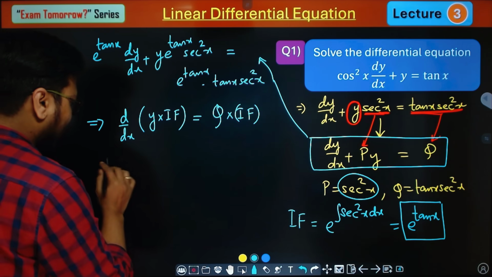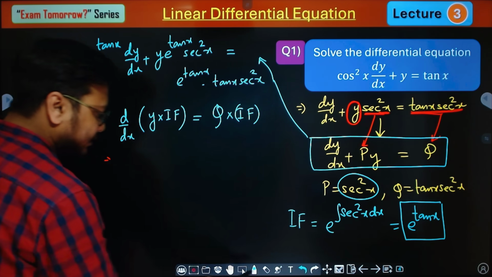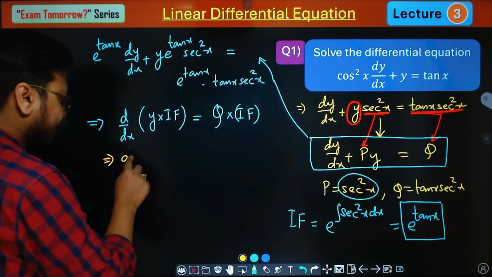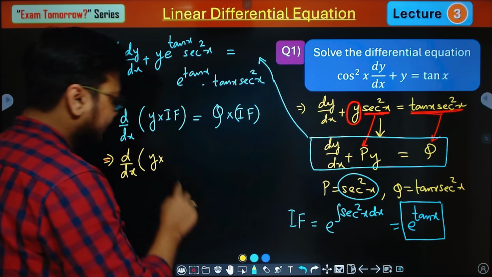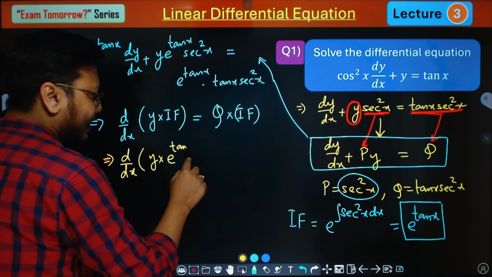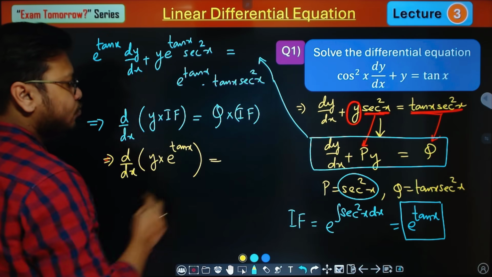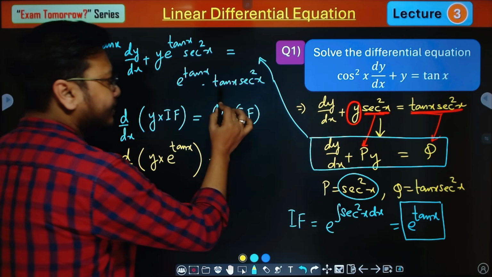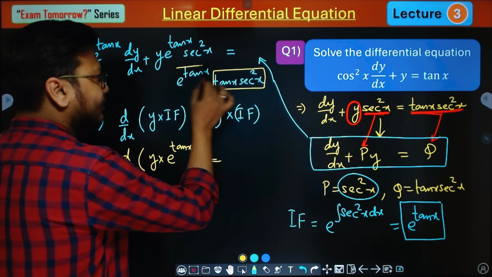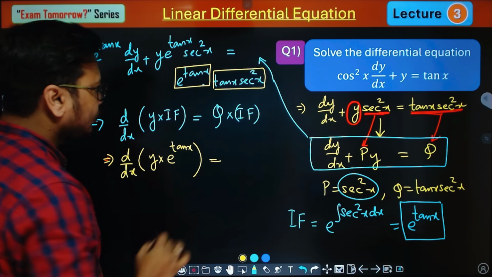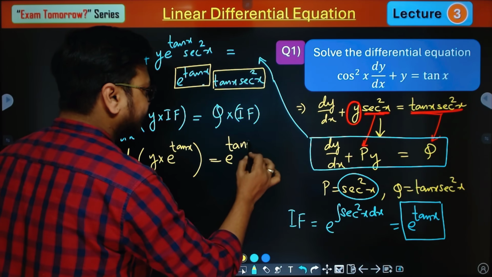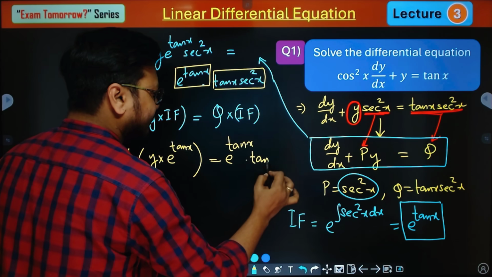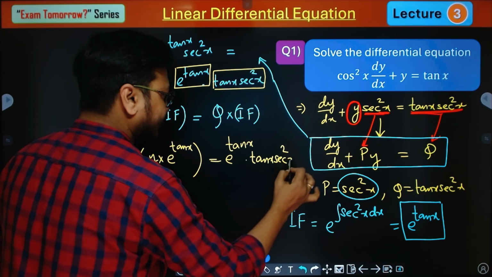So that means d dx of y into integrating factor, which is e to the power tan x, equals q into integrating factor. I have already written that this is my q and this is my integrating factor. So q into integrating factor becomes e to the power tan x into tan x sec square x.